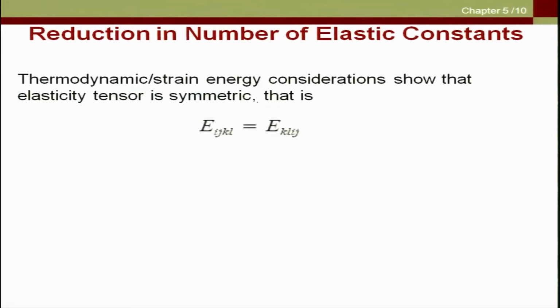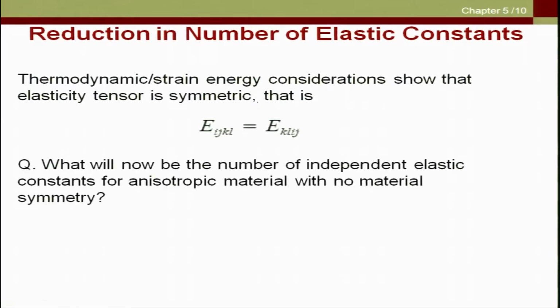Because of strain energy considerations, we have shown that the elasticity tensor is symmetric, that is Eijkl is equal to Eklij, and because of this, the number of independent elastic constants for anisotropic material with no material symmetry comes down to 21.